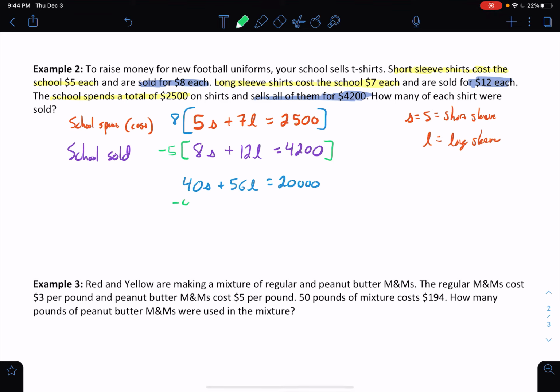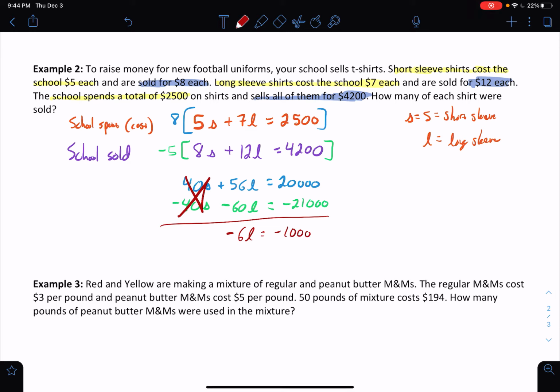Because that's going to give me -40S minus 60L equals -5 times 4,200, which is going to be -21,000. Now if I add these together, my short sleeve shirts are going to get eliminated. 56L minus 60L is -6L. And 20,000 minus 21,000 will equal -1,000.